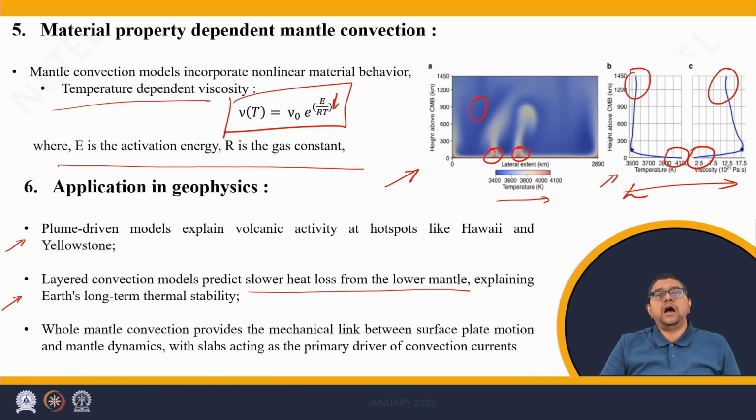This explains how Earth has been retaining the heat which is entrapped for a long duration, nearly 4.5 billion years. This explains the slow loss of heat, without which Earth would have lost all its entrapped heat and would have become barren.